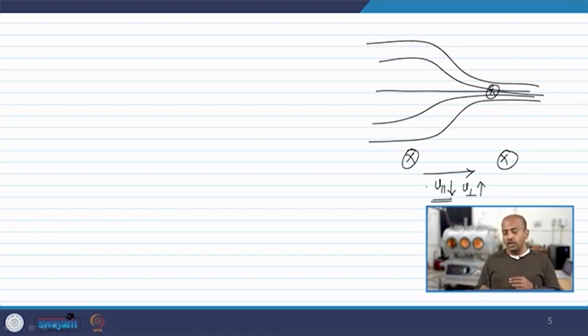The particle only has the perpendicular component of the velocity. The magnitude of the velocity will keep decreasing, and at a point when the magnetic field is sufficiently large, the particle will bounce back, right. This concept is called magnetic mirroring.